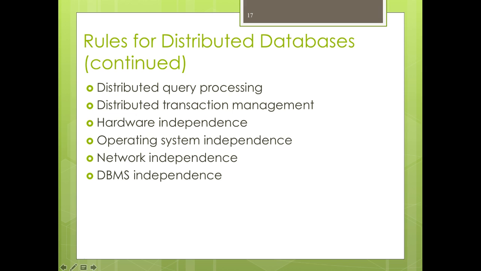Our system should support hardware independence, which means that it should work on any platform. It should work on an Intel-based processor, AMD processor, anything else that's out there, and then also operating system independence. It should work on a Windows computer, Linux, Mac, and so forth, and we should be able to get our systems to work together.